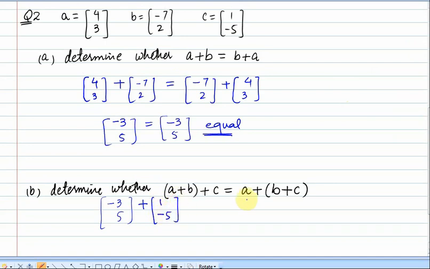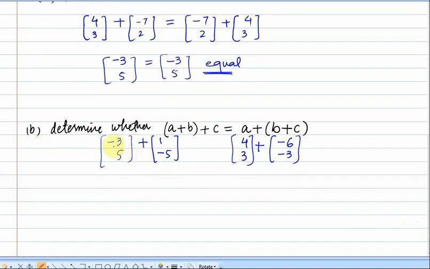On the right side we have A, that is (4, 3), plus B plus C. So B plus C means minus 7 plus 1, it's minus 6, and 2 minus 5, it's minus 3. That is my B plus C vector.